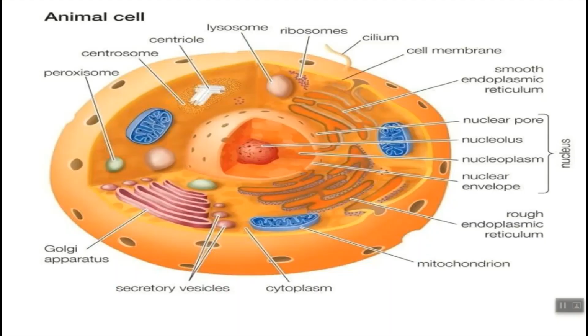So here's a model of an animal cell. Now, you guys created one of these the first week of third quarter. You guys did an excellent job. Now, I want to point out a model isn't the real thing. A model is just something to help you learn. It's not the real thing, okay?